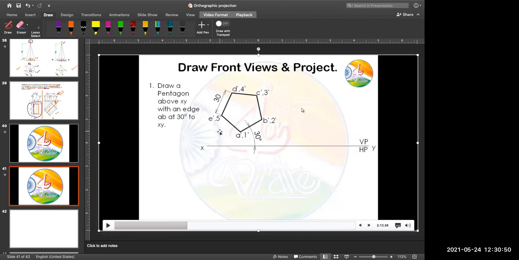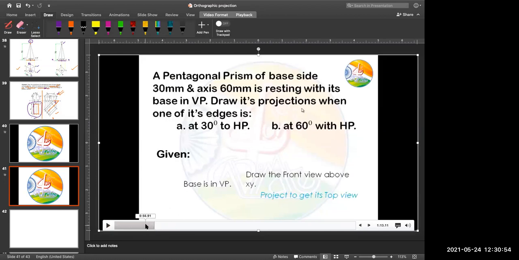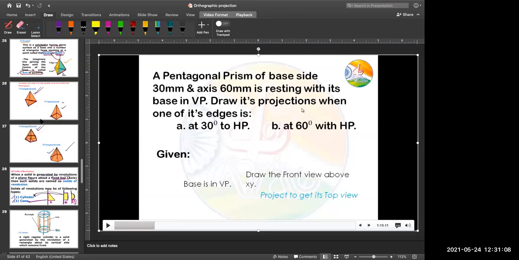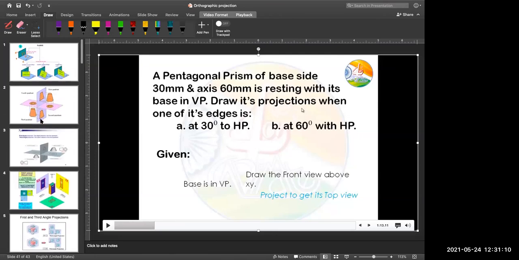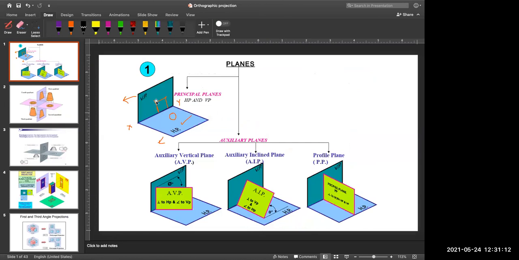Here in this problem, if you pay attention, the question says the pentagonal prism of base side 30 is resting with its base on the vertical plane. If you are able to imagine, this is your vertical plane and this is your horizontal plane. This time the object is placed with its base on the vertical plane.